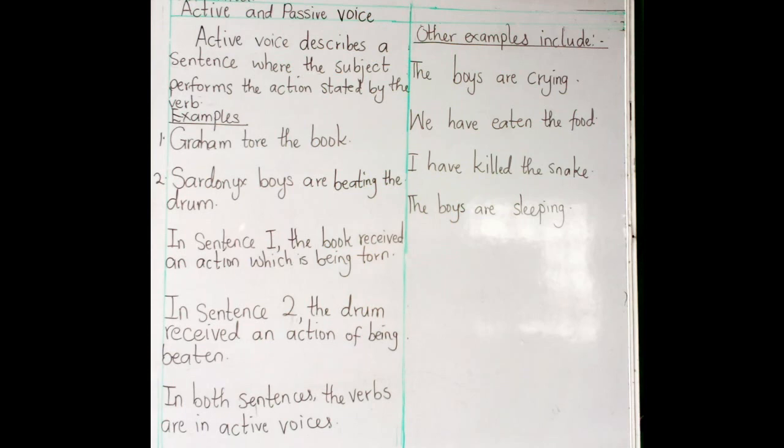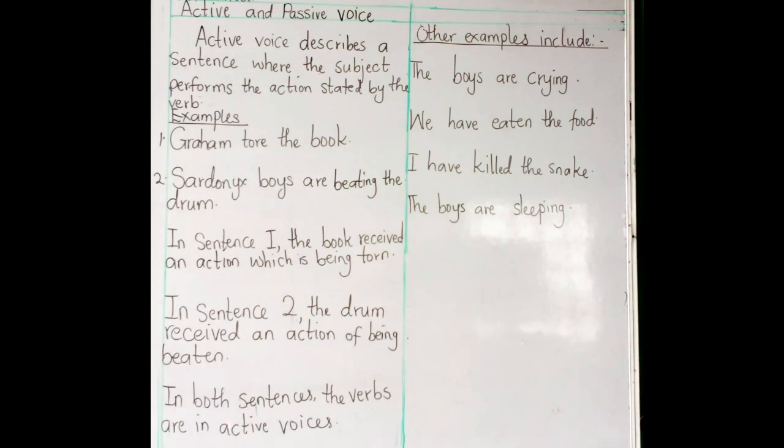Now, another thing you need to pay attention to is that active voices are those voices in which you make your normal statements. Simple sentences you make all the time usually stem from active voice. They are the normal voice we use for speech some of the time, if not all the time.